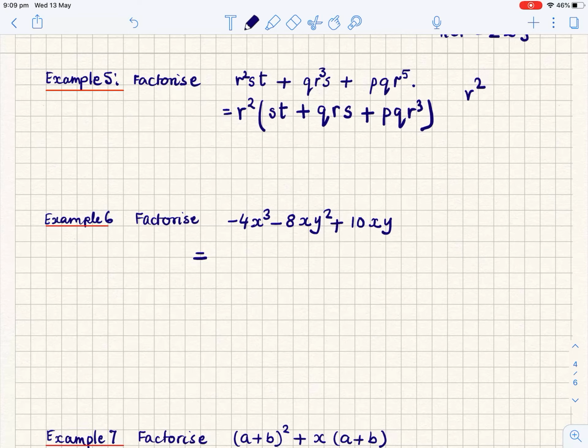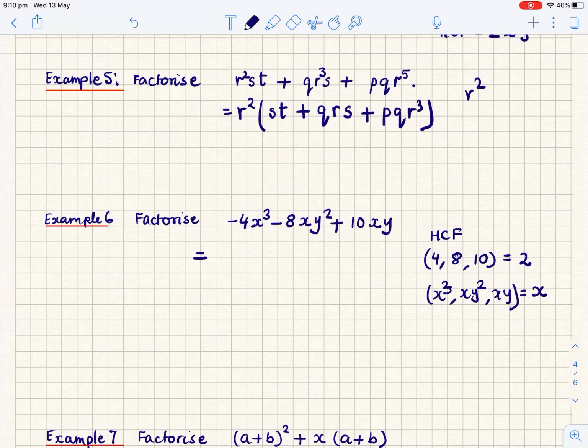Example 6. Factorize negative 4x cubed minus 8xy squared plus 10xy. So HCF from the numbers: highest common factor of 4, 8, and 10 is 2. Now from letters, HCF of x cubed, xy squared, and xy. We have only letter x common in all these 3 terms. We write x.